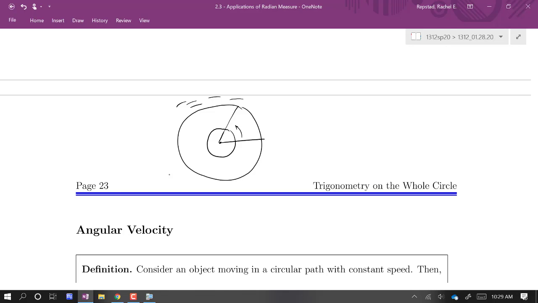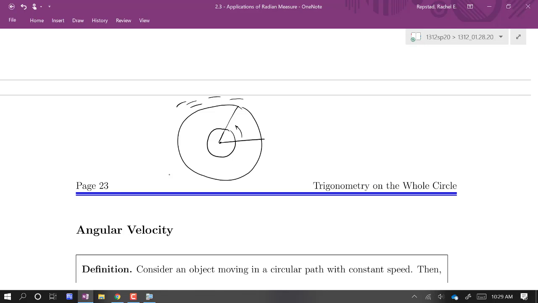So the point on the bigger circle has to move faster, more inches or centimeters per second, to spin through the same angle. This is the idea behind the formula: the linear velocity on the tip is proportional to the radius, how far away you are from the center.